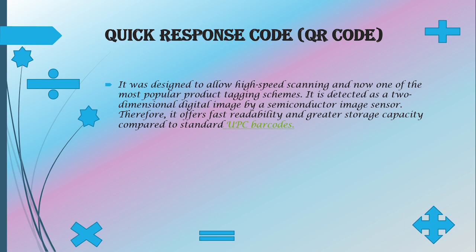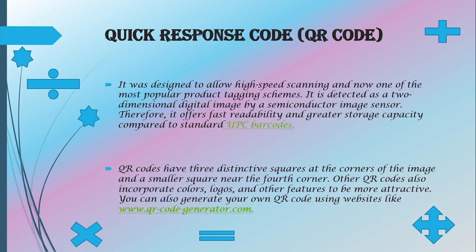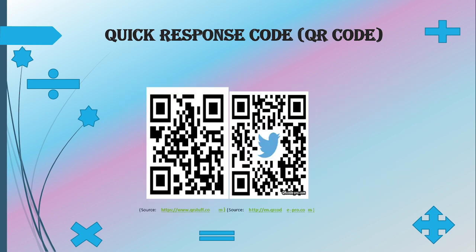Therefore, it offers fast readability and greater storage capacity compared to standard UPC barcodes. QR codes have three distinctive squares at the corners of the image and a smaller square near the fourth corner. Other QR codes also incorporate colors, logos, and other features to be more attractive. You can also generate your own QR code using websites. This is an example of a QR code.